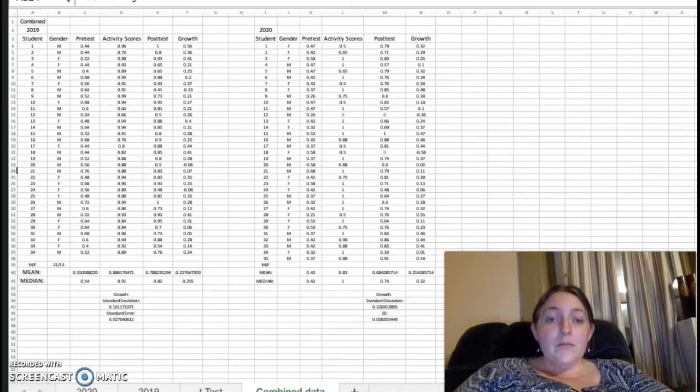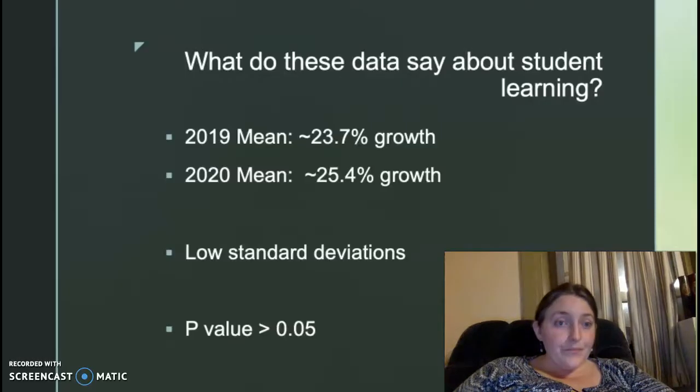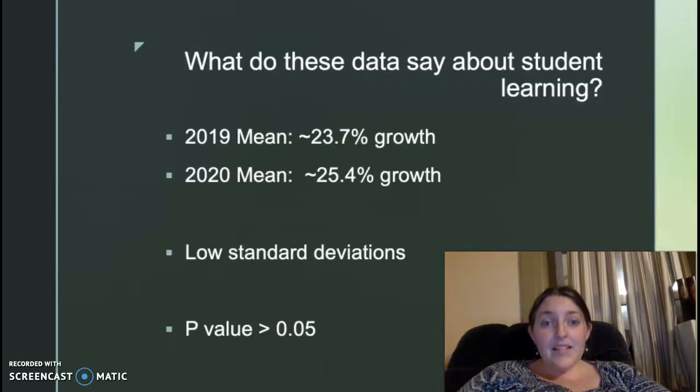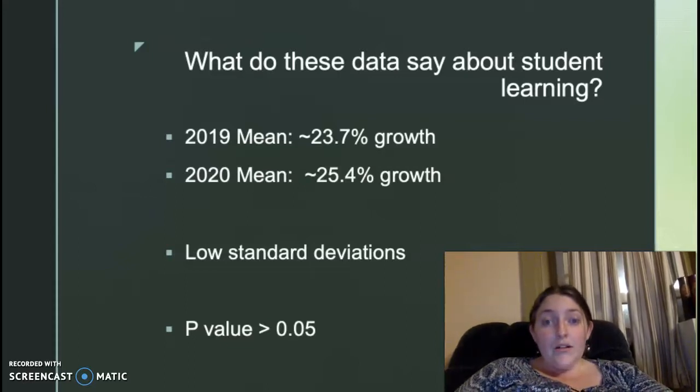Now that concerned me, but when I actually input the data, for growth, it wasn't that big of a significant difference, because for my growth I still had an overall mean growth that was about the same, and it increased a bit from 2019 to 2020.